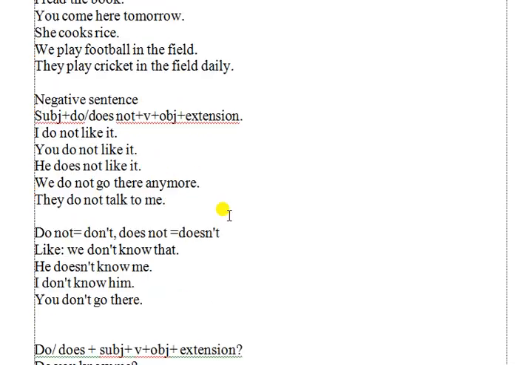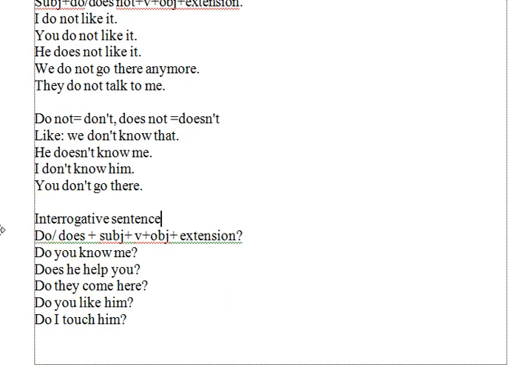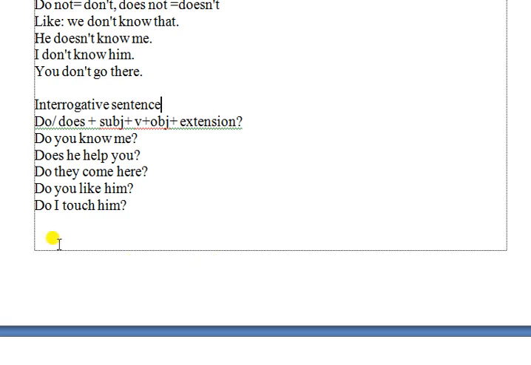It's a negative sentence. This is the structure of an interrogative sentence.